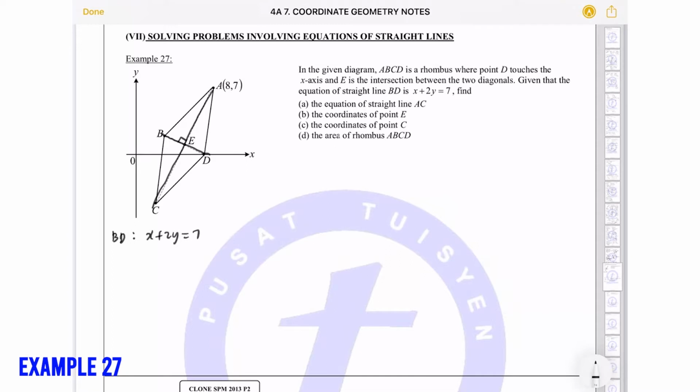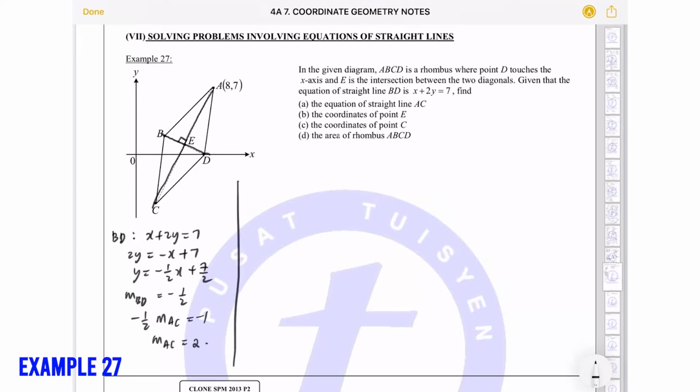Again, we have two ways, the standard way and the fast way. The standard way first: we change this equation to y equals mx plus c, so that the gradient of BD is -1/2. As AC is perpendicular, the gradients of BD and AC multiply to -1, so the gradient of AC is just +2.